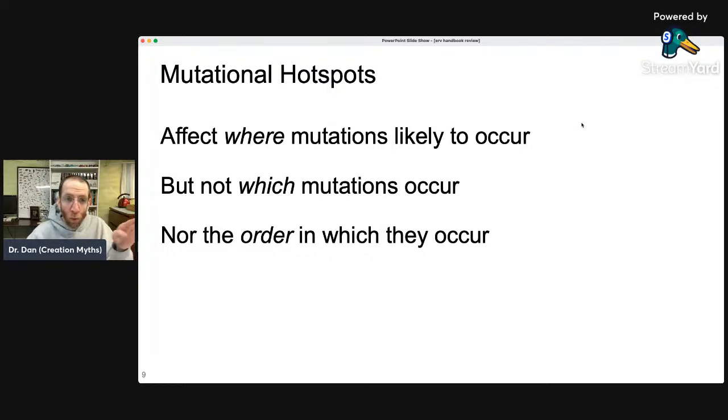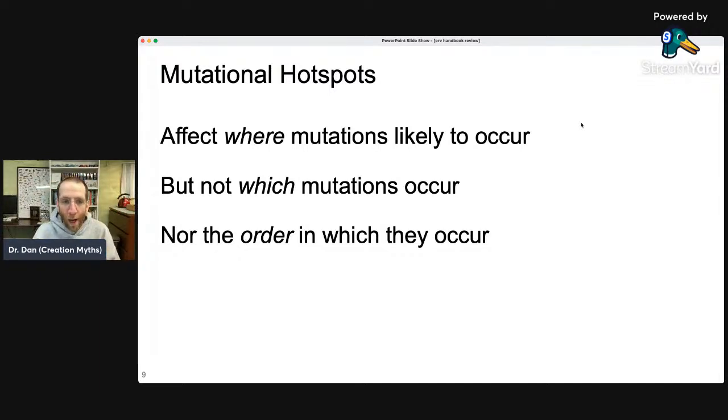In the same order over time in many different lineages. That's what you would need, right? This deterministic pattern of both specific mutations and the sequence in which they occur. That's what you would need to generate in order to recreate this hierarchical pattern. Hotspots do not do that.